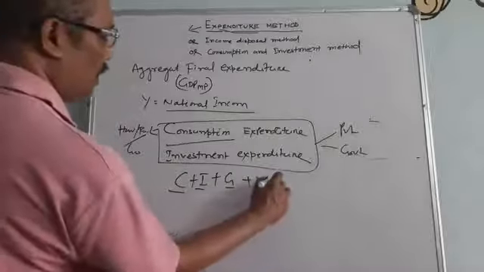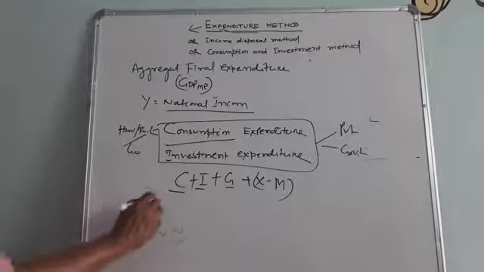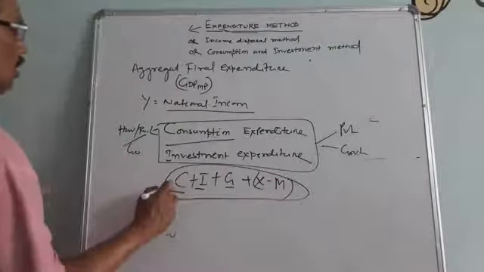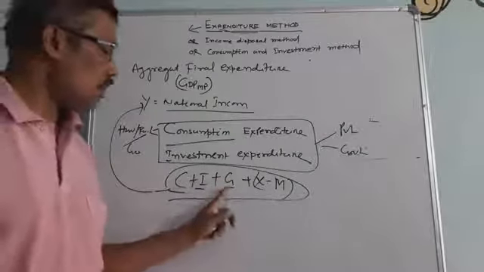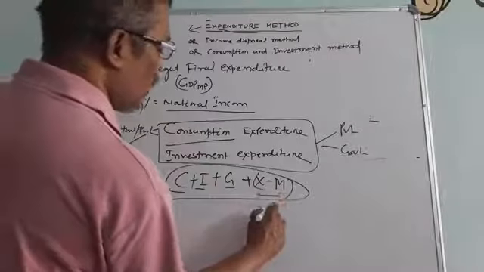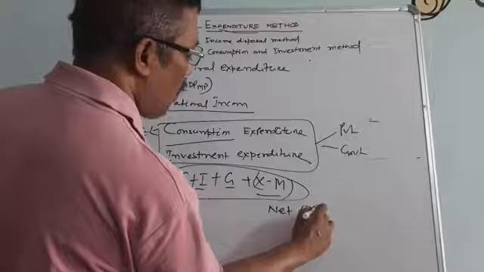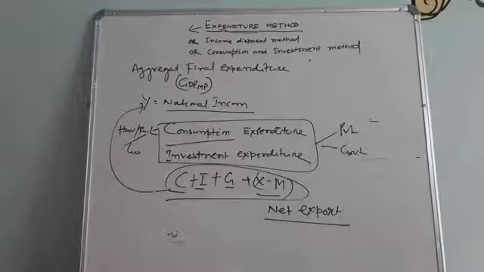The difference, X minus M, that is exports minus imports, is called net export. So Y equals C plus I plus G plus X minus M.